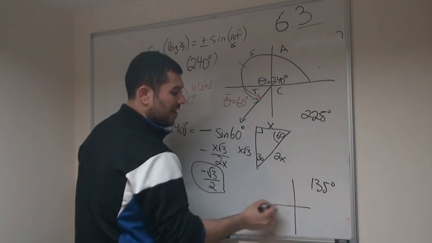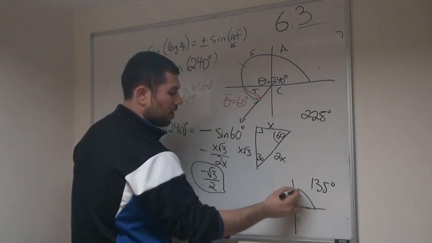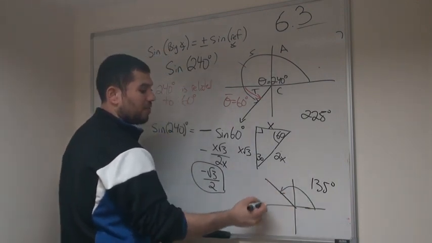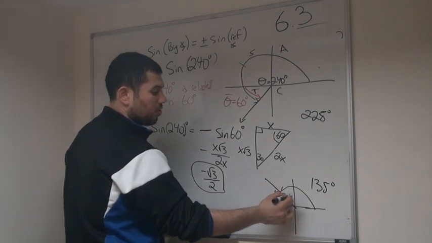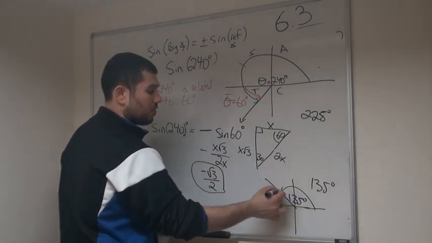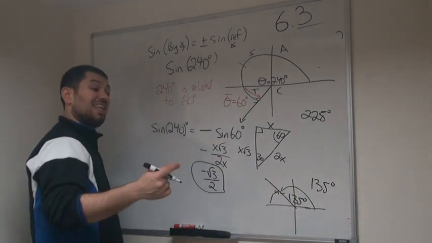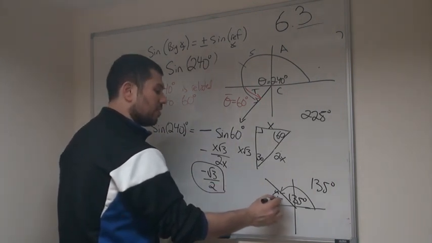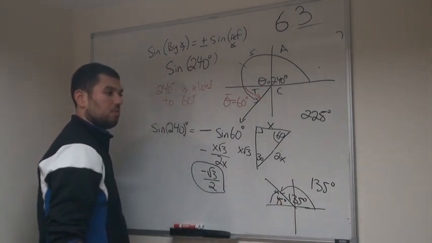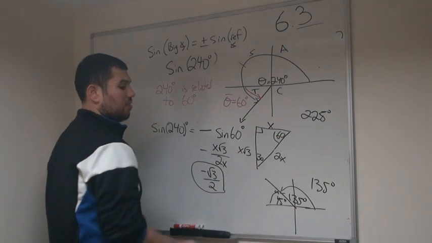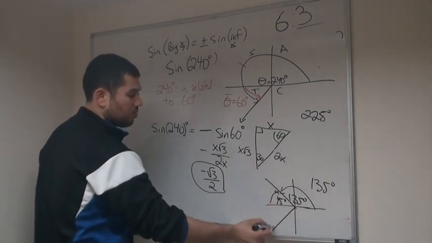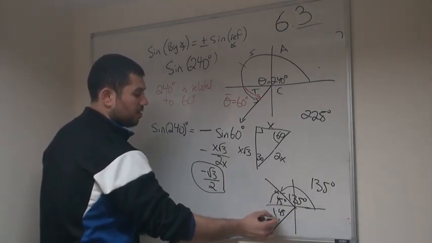Well, a 135 degree angle goes into quadrant 2. And the reference angle associated with 135 degrees, if theta was 135 degrees, its relative would be 45 degrees here in quadrant 2. 225 degrees would be the relative in quadrant 3 here.